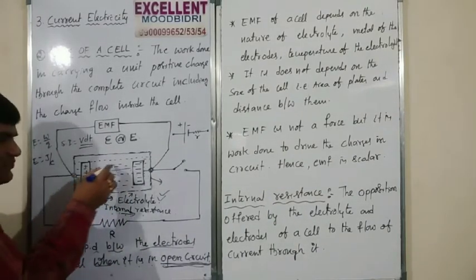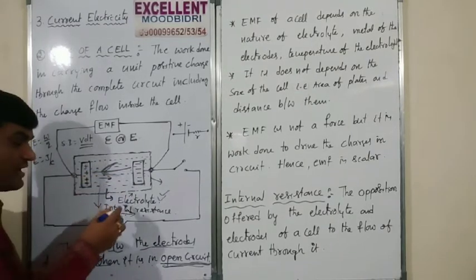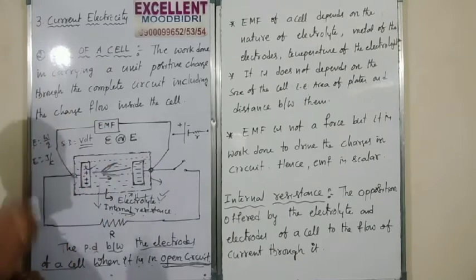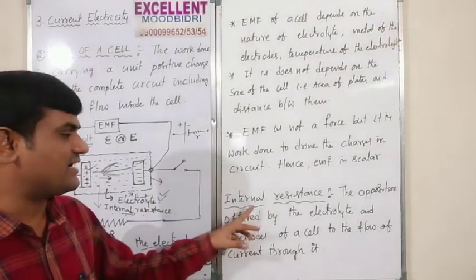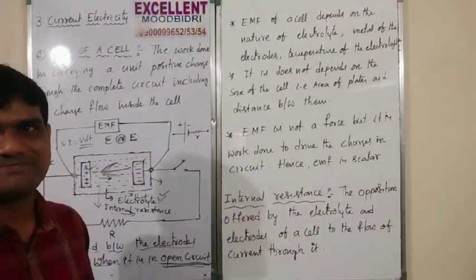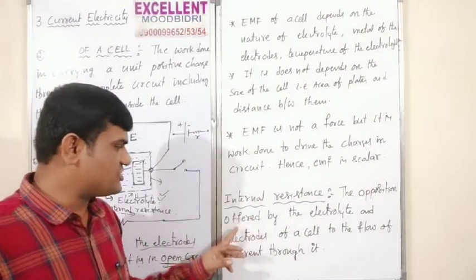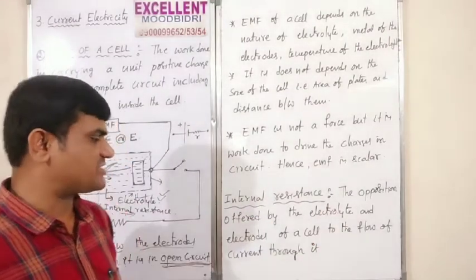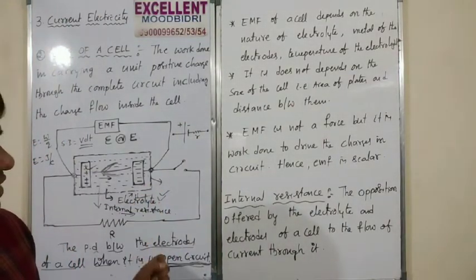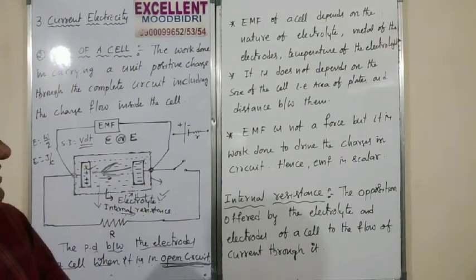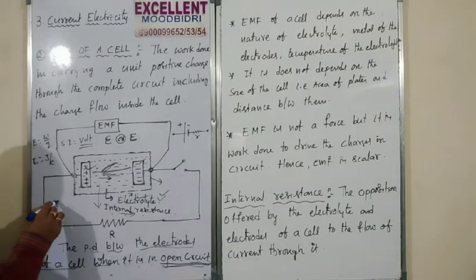The charges flow inside the cell, which is opposed by the electrolyte and electrodes. That is the internal resistance. Are you clear? The opposition offered by the electrolyte and electrodes of a cell to the flow of current through it is known as internal resistance, which is represented as small r.